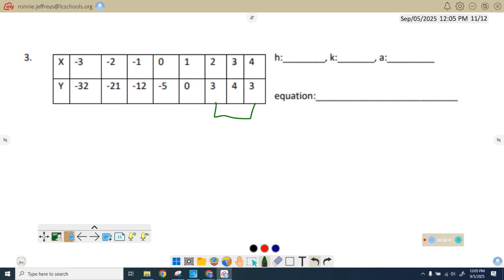That means that this is our H. This is our K. And if we start at our K and go to the right, how did we go from 4 to 3?